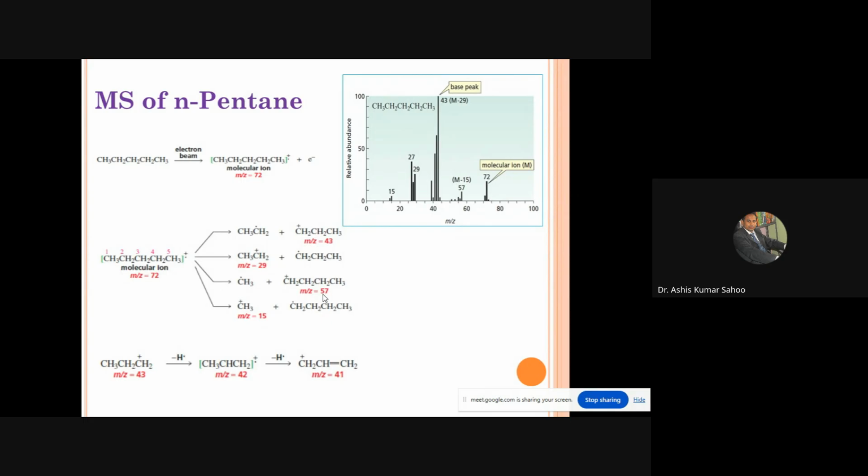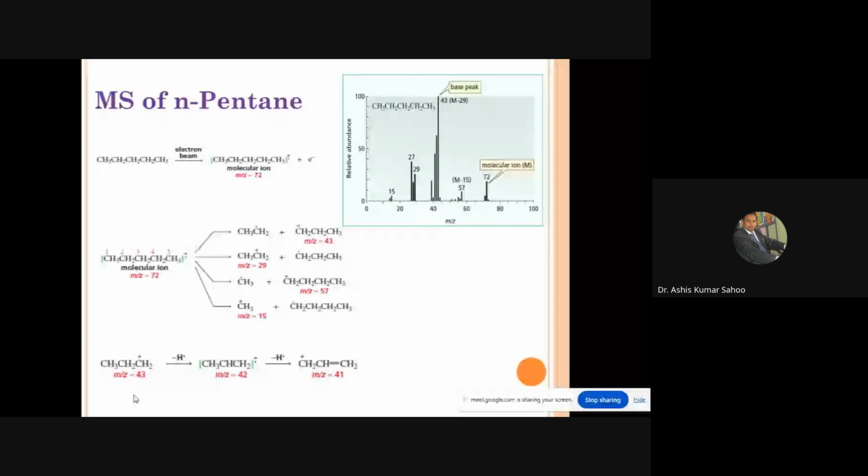So we have a mass of 57, and we get a peak at 57 also. The positive charge stays on the fragment, and we get the mass of the fragment atoms.